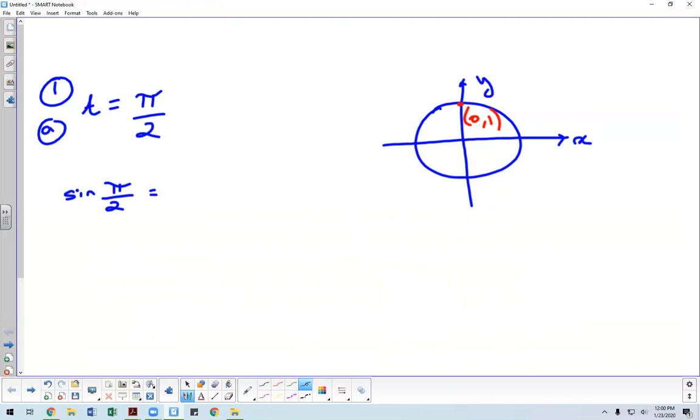Because remember, we're asked to evaluate all 6 functions. So that's just x, right?